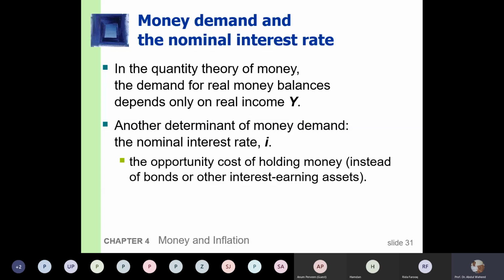Otherwise, you can keep your money in deposits, bonds or other interest-bearing assets. So what type of relationship would you expect between money balances and the nominal interest rate?